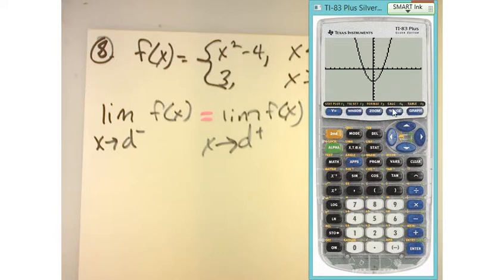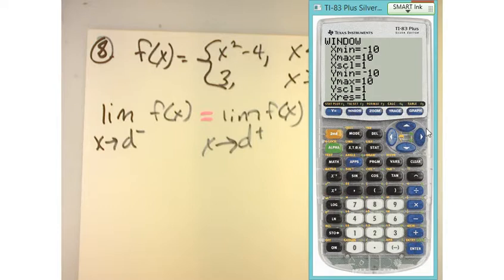If I hit trace and then plug in negative 4, there's really no problem. It's 12, right? But what they really want me to do is come at this from the sides, so I'm going to change my x values from negative 10 to 0, and my y values from 0 to 15. Well, yeah, 15 would work.